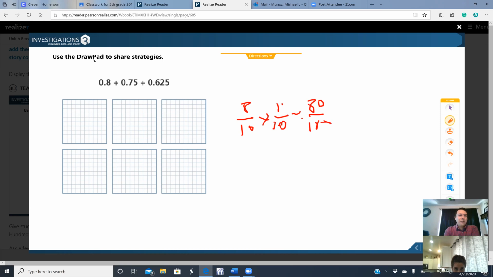So we're going to go ahead and fill in 80 of these. 8 of these: 1, 2, 3, 4, 6, 7, and 8. And then we're going to move to the 75 hundredths and switch the color for that to green. And so in this case, we're going to fill out 75 bars out of 100. We're going to continue where we left off.